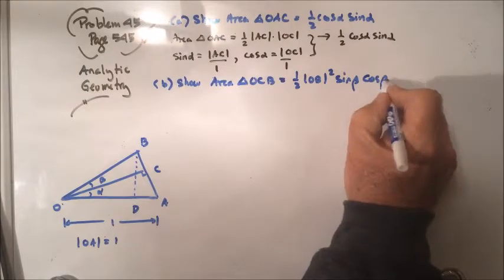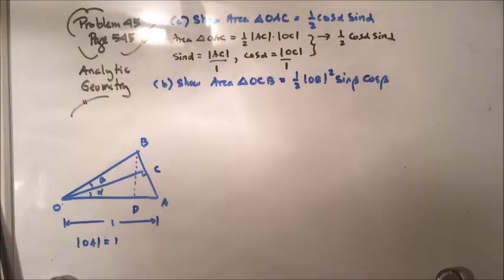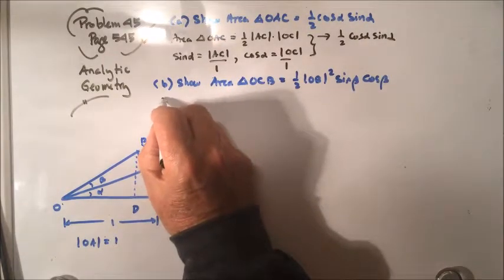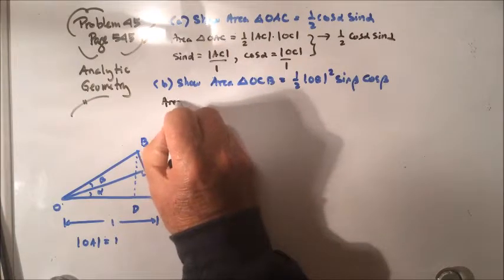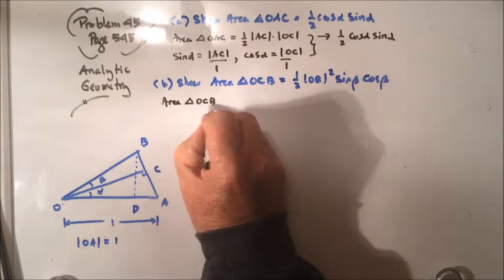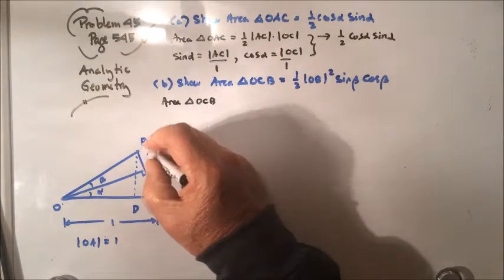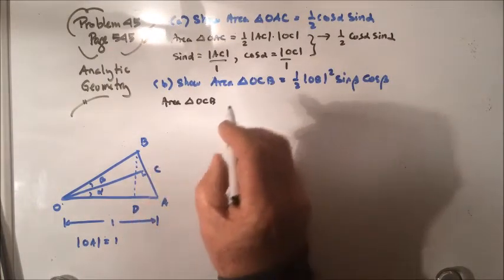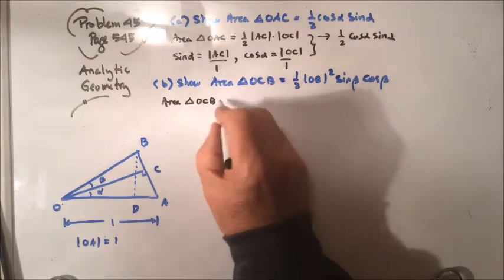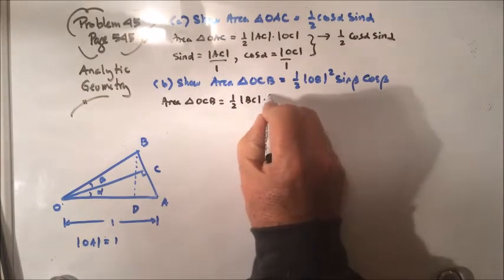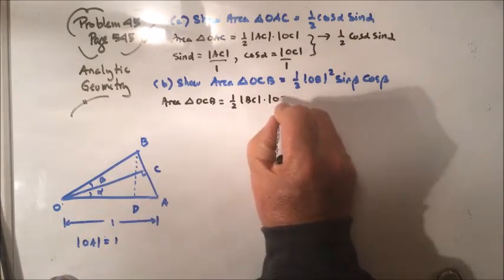It's pretty much the same problem, only in this case OB is not 1, but we're going to do it exactly the same way. The area of triangle OCB is 1/2 the base, BC, times the height, OC.